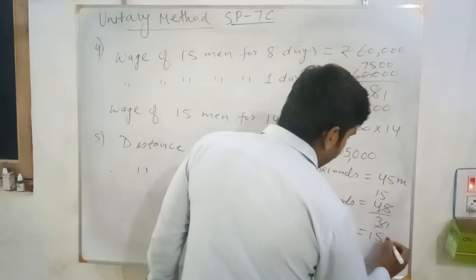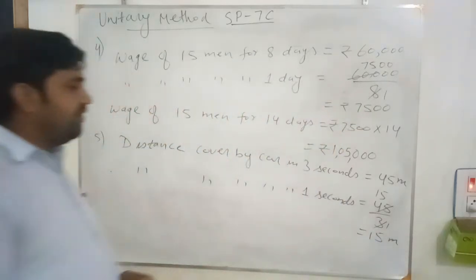So the answer is 15 meters. So the distance covered by the car in 1 second is 15 meters.